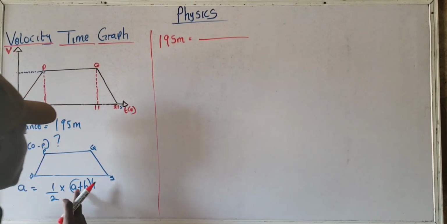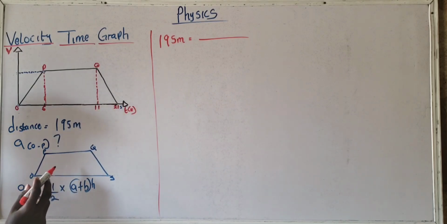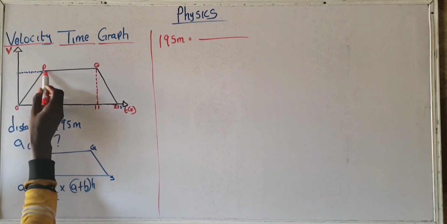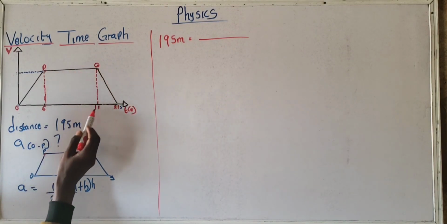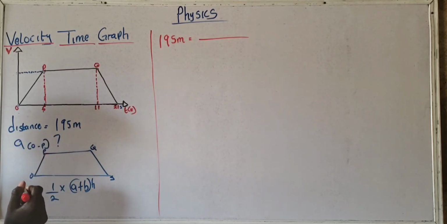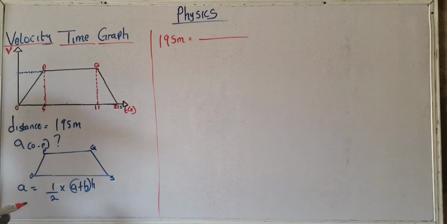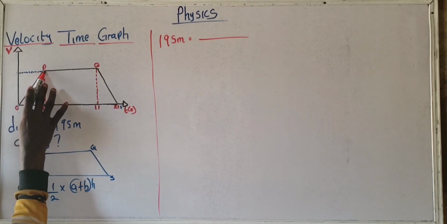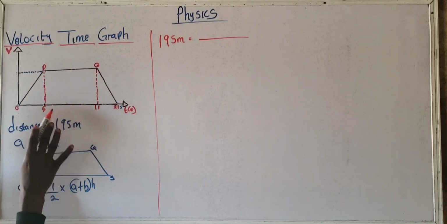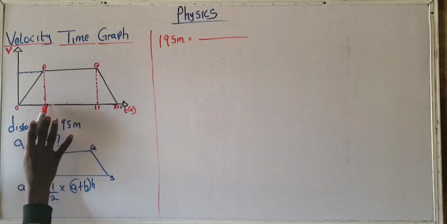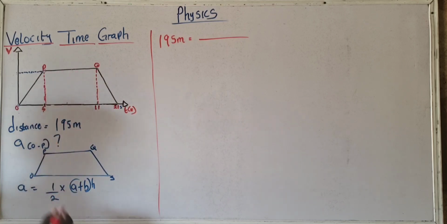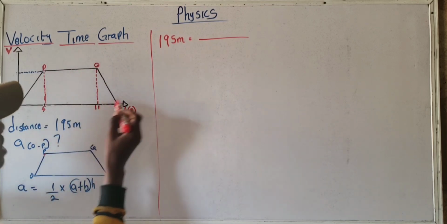1/2, just put it (A plus B). Now, please pay attention. The distance from this point to this point will be the difference between this and this. This side and this side are the same, because the shape looks like a rectangle.